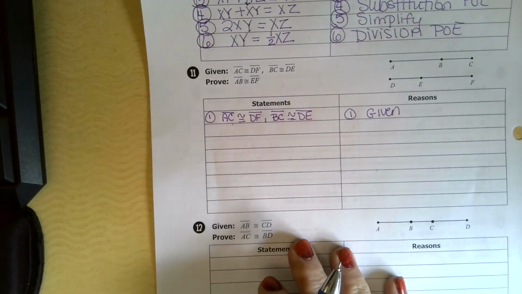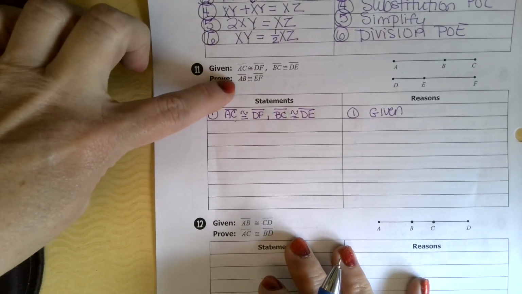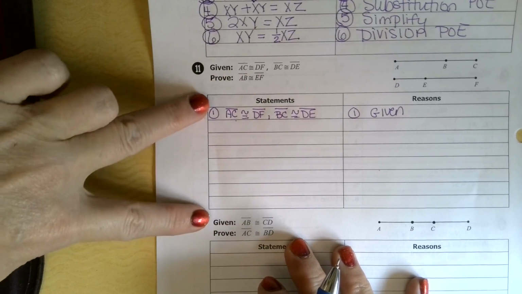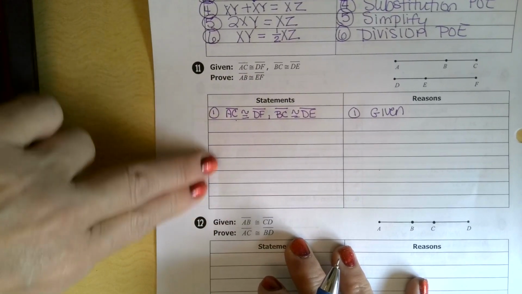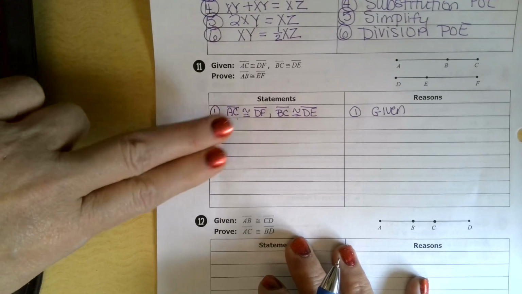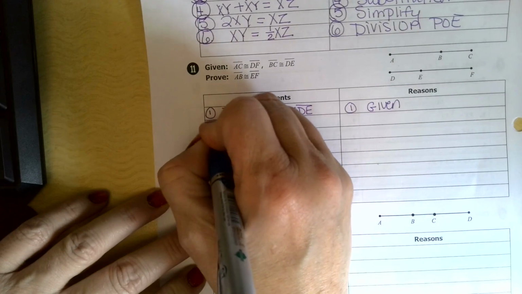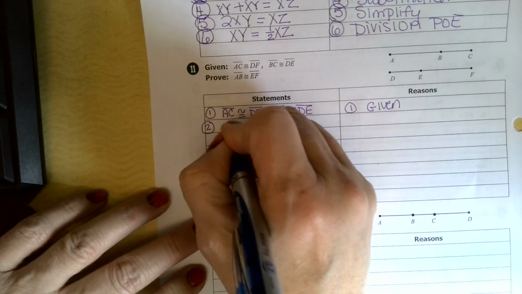Okay. Now, what did I tell you? If we've got congruent at the beginning and congruent at the end, what do we have to do in the middle? Change it to equality. Okay, so this is the definition of congruent step. So step number 2, rewrite it with equals.